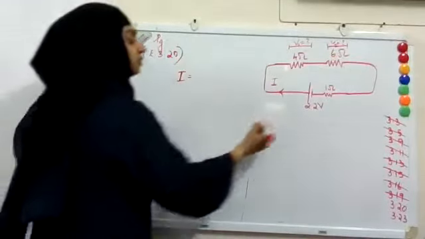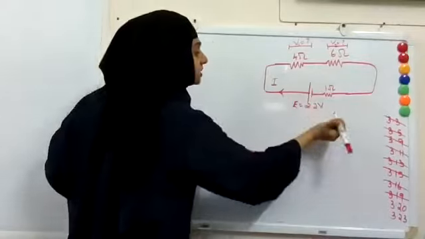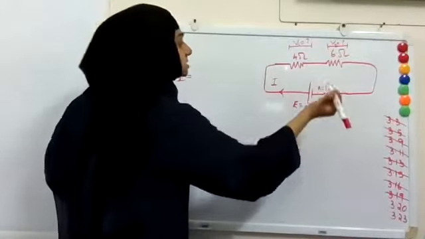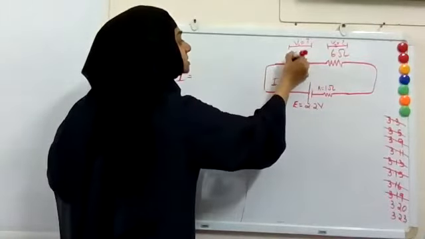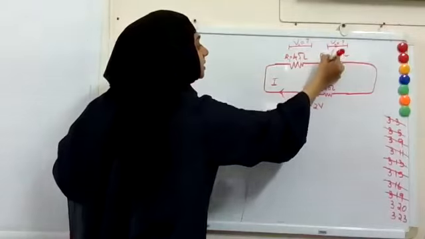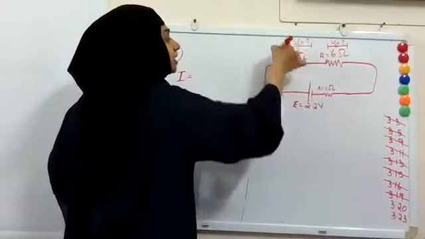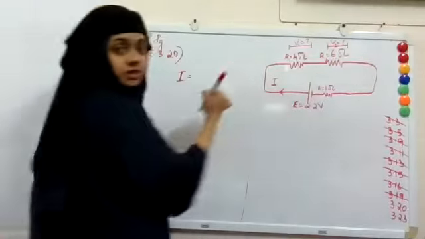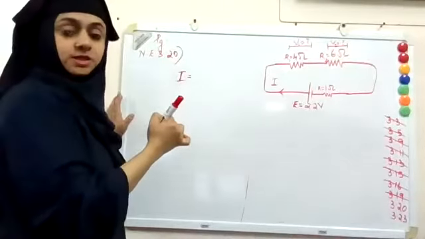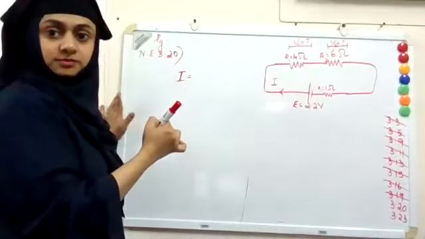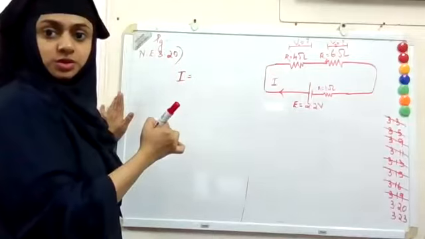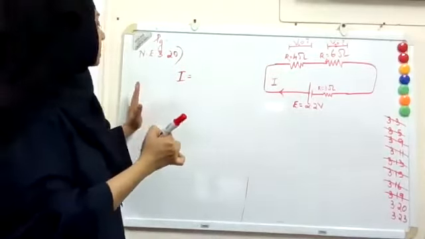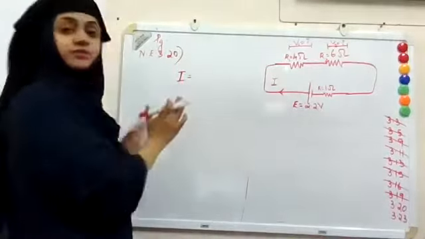I is equal to, you are given the EMF of the cell, internal resistance, and two external resistances which are connected in series. So the total external resistance R will be the sum of these two. Is it clear? Okay. So Abdul Mustafa, tell me which equation we will use for current.